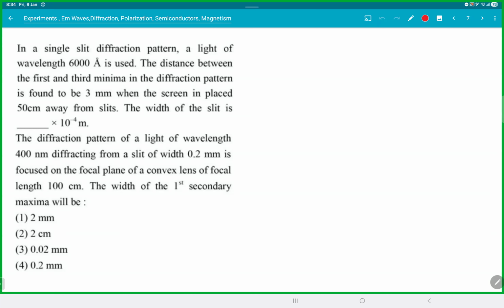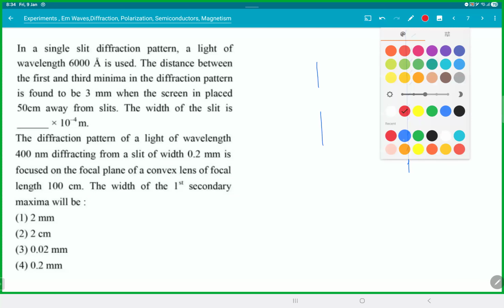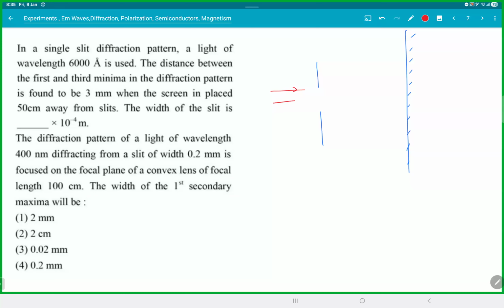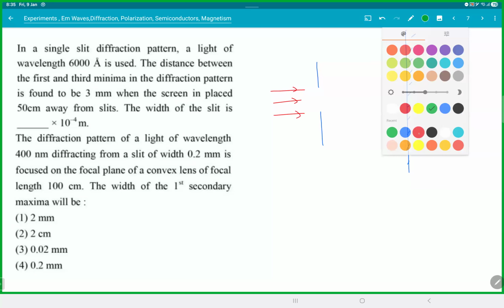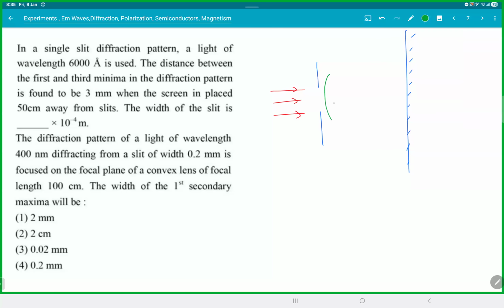Now, in case you forgot the formulas for diffraction, when we have a single slit, you send a parallel beam of light. The parallel beam of light won't get focused automatically, so we have to actually use a lens. This parallel beam of light will fall on the lens and then converge.